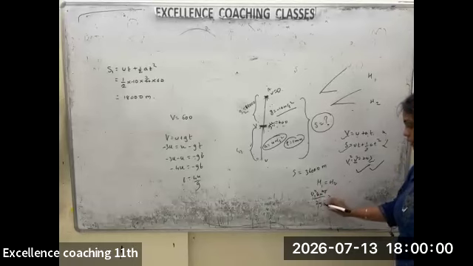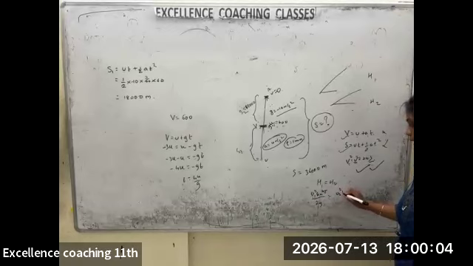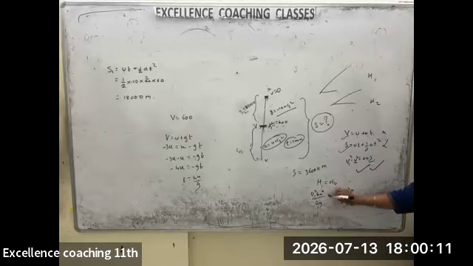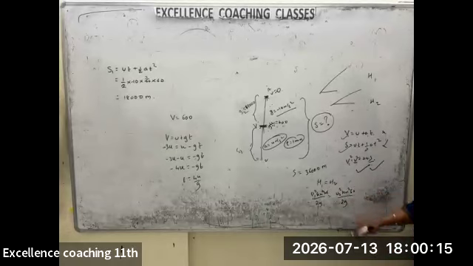So u1 square sin square theta upon 2g equals u2 square sin square theta upon 2g. Correct? Here theta is 45 and 60, no? And this will be 60. Yes? What did I ask there? The ratio of velocities with which they are thrown.